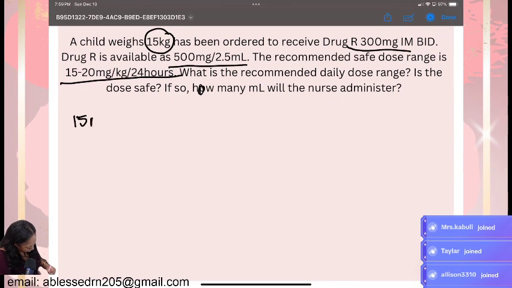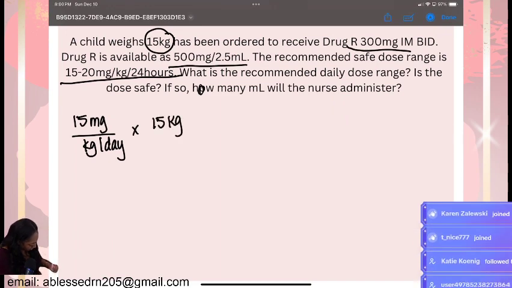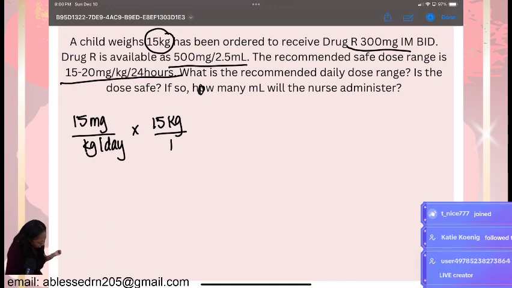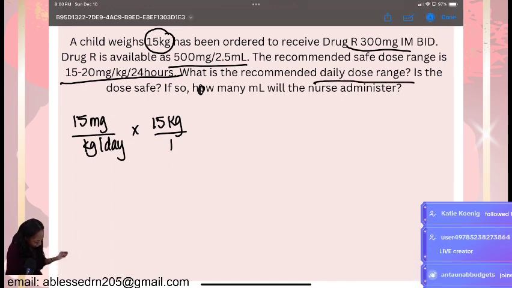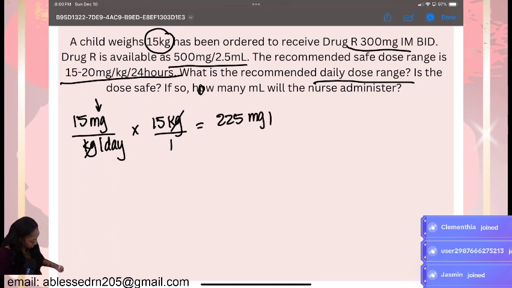15 milligrams per kg per day. Okay, we have 15 kilograms is our patient's weight. And it is asking what is the recommended daily dose range. Okay, so this one is already going to be milligrams per day. So all you have to do is multiply 15 times 15, and that's going to be 225 milligrams per day.